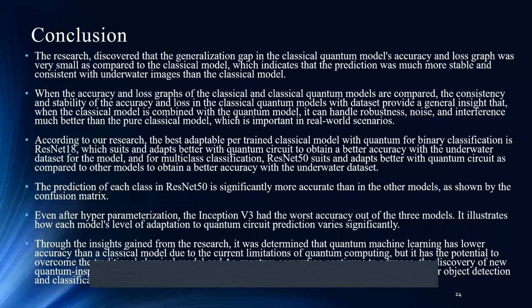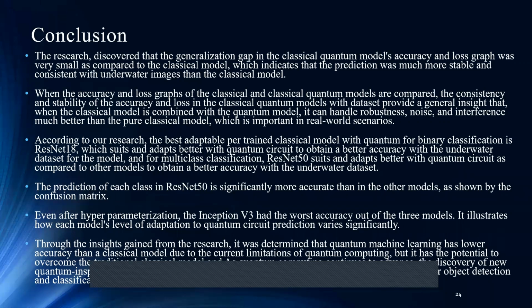Overall, we could say that ResNet 50 has significantly more accuracy than the other models, which has a great adaptation with the quantum circuits. Other than this, quantum circuits have a great capability to work with in the future. It has the capability to overcome the classical model in handling datasets of underwater images.